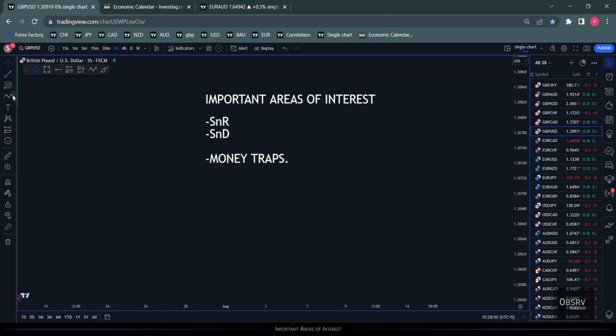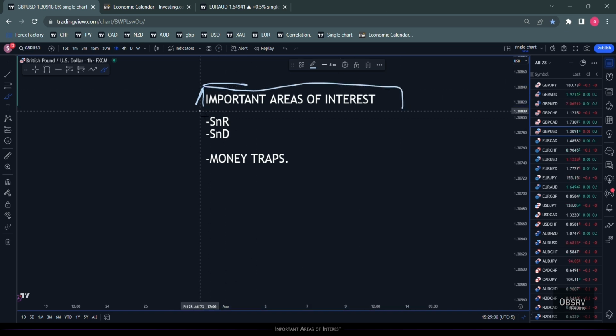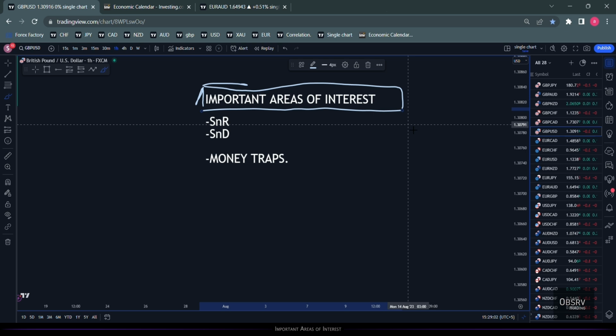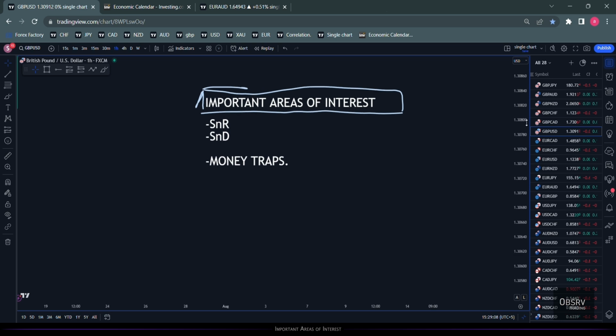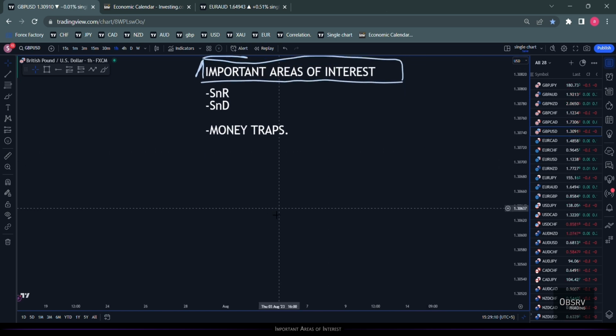Now, what everyone wants to do when they come to the chart is find an area to look at to get in on a possible trade, right? So, of course, the general ideas of important areas of interest in the market, we know support and resistance, we know supply and demand.